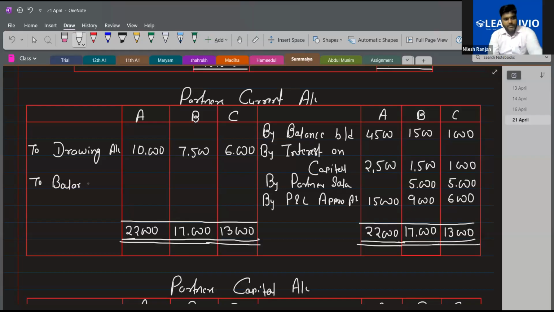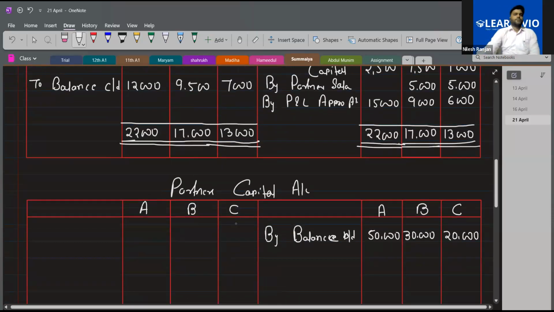Balance c/d 12,000, 9,500 and 7,000. Is this clear? Yeah.